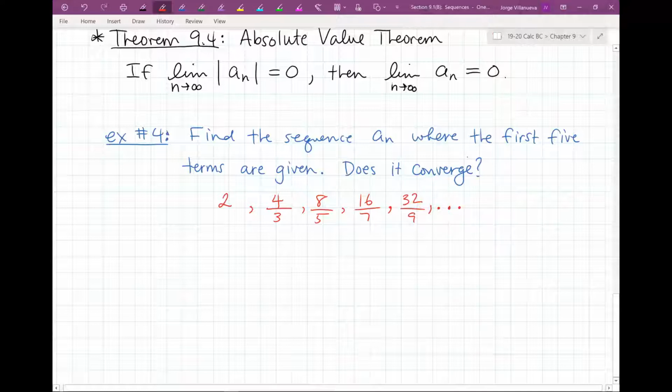Think about this. Yeah, it would be 2 over 1. I'll put that there for you. It's a good way to say, okay, how am I going to find a pattern? Try to figure out a pattern for the top and the bottom.